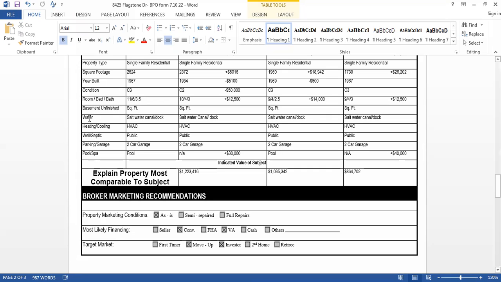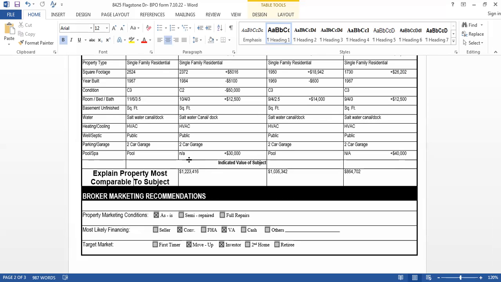You'll see here, I put water, and the subject property is a saltwater canal with a dock. And you'll see all my subject properties are equal saltwater canals with docks. Heating and cooling, this is an HVAC, nothing crazy. In some scenarios, when I was doing a lot of the bank-owned homes, you'd find some homes didn't have central heat and air.